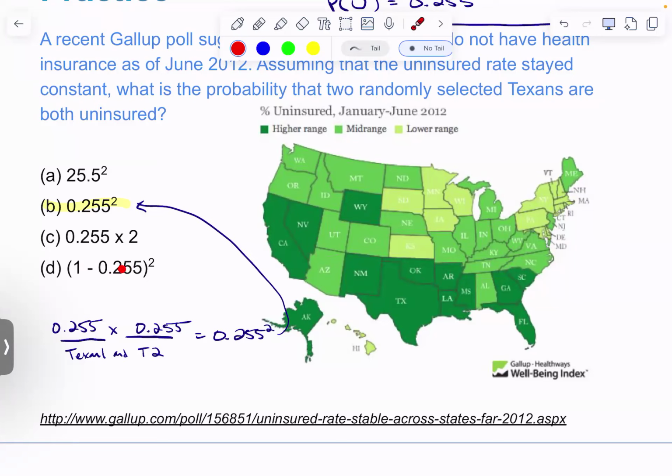So the opposite would be 1 minus 0.255, which is the probability of being insured. And then I have 2 in a row, so I multiply them together. So this here is the probability of two insured, randomly sampled Texans.